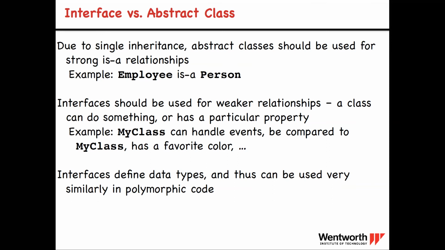Interfaces you use for weaker relationships. Oftentimes, you will associate the two-word thing, has a. So maybe a car has an engine, or a cat has hairballs. So typically, it's reserved for has-a style relationships, or has the ability to do something, and that comes into the names.